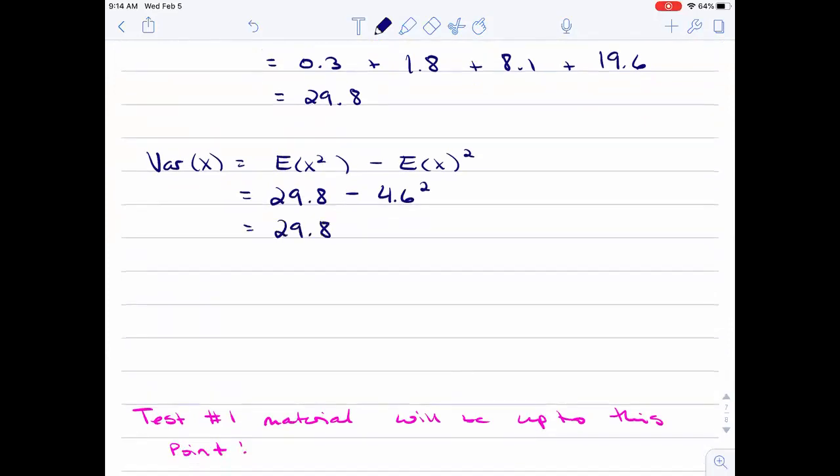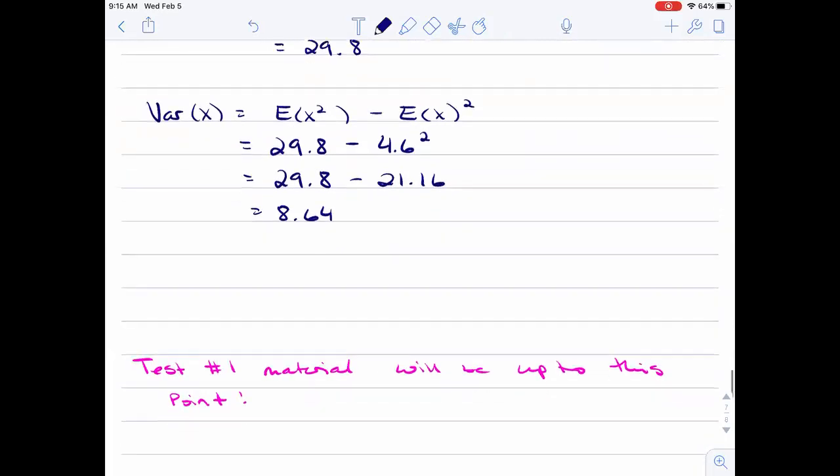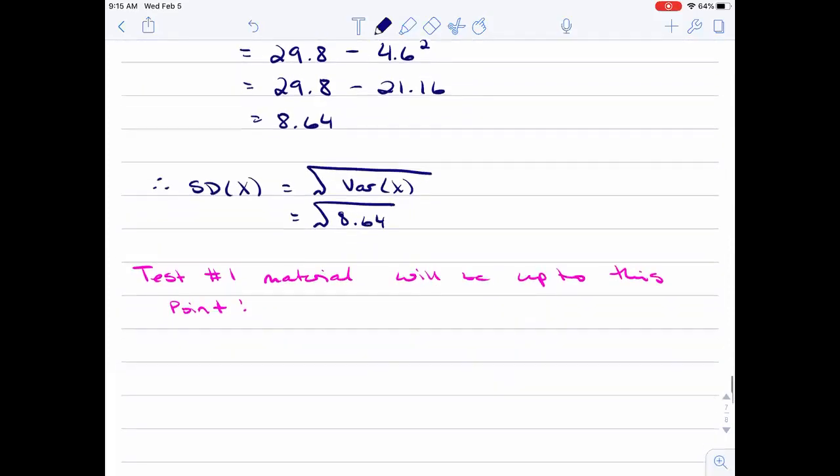I get 29.8 minus 21.16. I get a variance of 8.64. Therefore, the standard deviation of x is the square root of the variance of x, square root of 8.64, which is roughly 2.939.